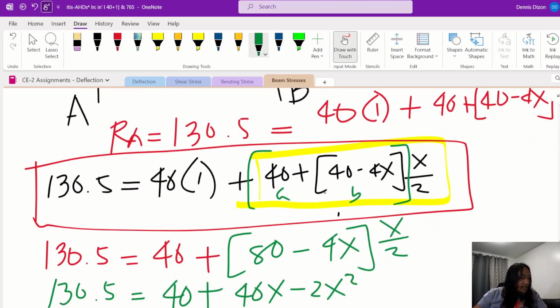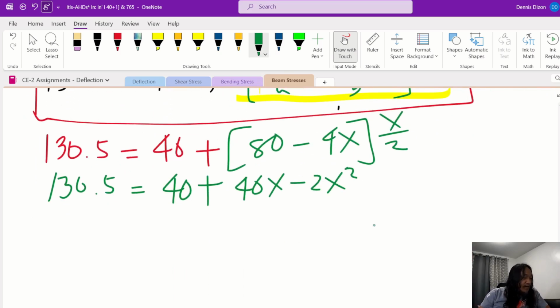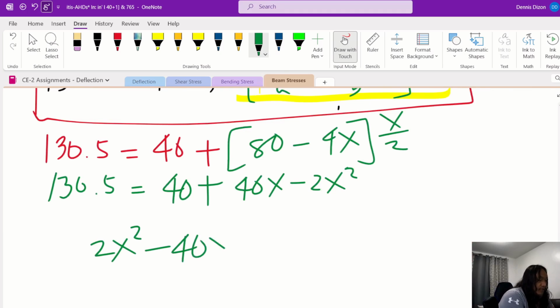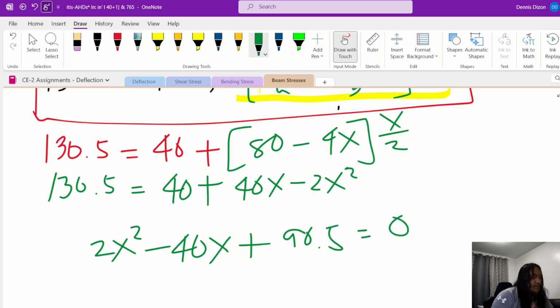Now rearranging this one, we have 2x squared minus 40x plus 130.5 minus 40, which is 90.5, equal to 0.